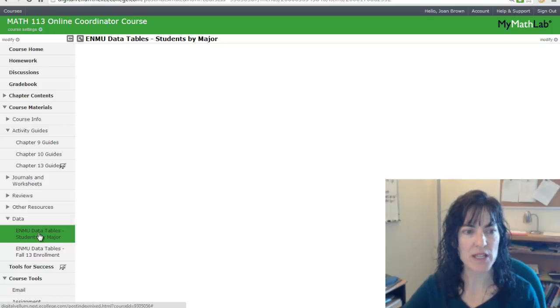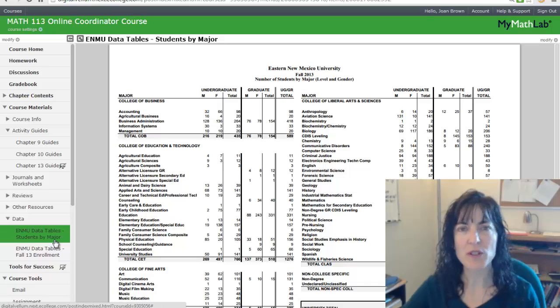The first one is ENMU students by major, and it looks like this. You can see that we have the major: the College of Business, College of Education and Technology, College of Fine Arts, College of Liberal Arts and Sciences, and then non-college specific.